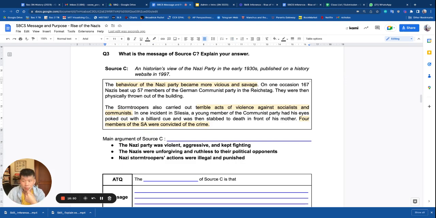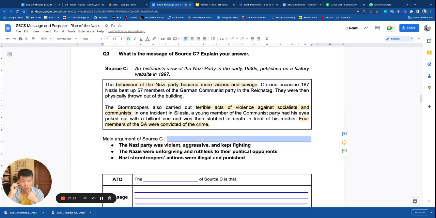If you need time to pause and figure out how I generated these three ideas, please read the yellow highlight, read what I wrote, and see if you could have generated it yourself. Don't just watch this video and hear it like white noise just so that you can finish watching the video. Please activate your thinking, use your brain, figure out how each piece of evidence generates an idea.